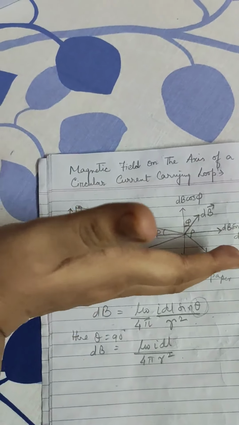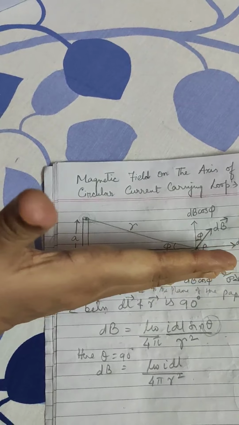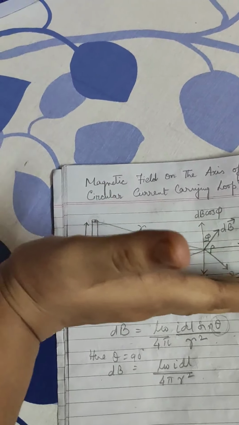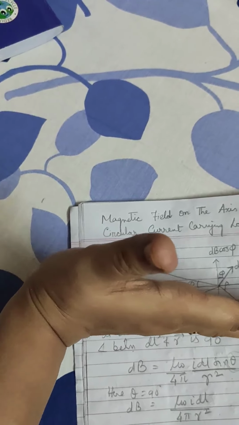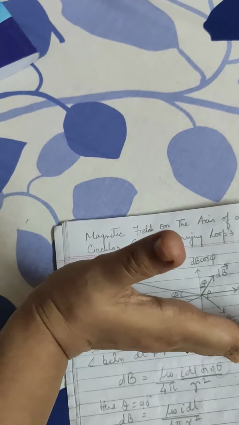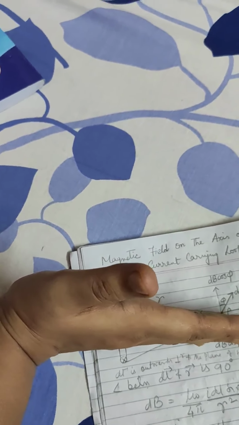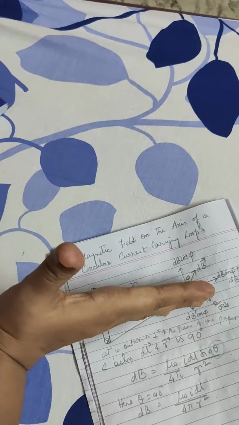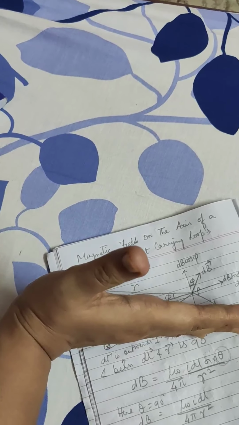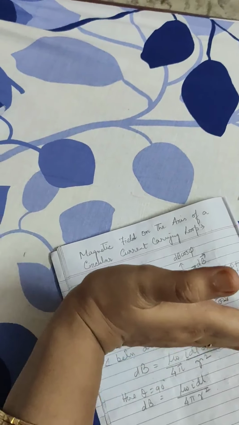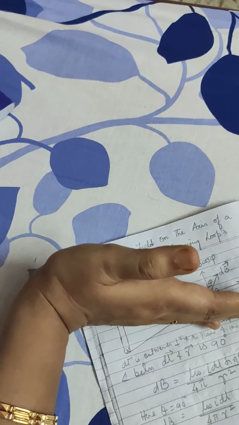The fingers will point toward the point P. The thumb is outward and the fingers point at P, so the perpendicular to the palm is in this direction. You can try it. This is how.